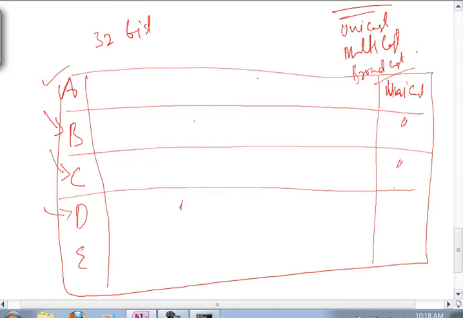This is also unicast, and this class D address is basically for multicast. And broadcast, we know, if we have all ones, it means broadcast. If we want to broadcast, we'll put all ones in the IP address, on the host side. And class E is used for the future.